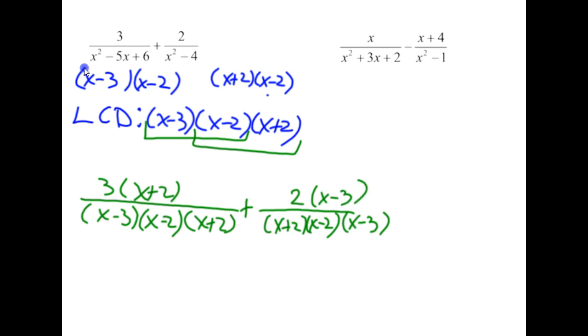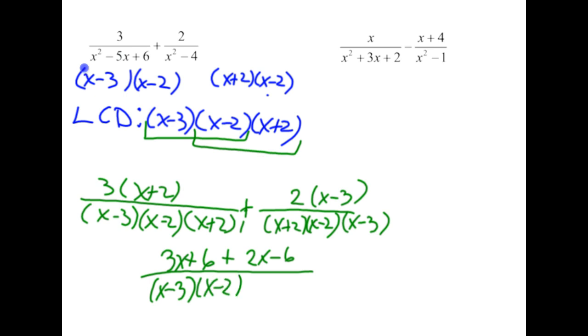Now that you see the denominators match, I can add the numerators. I would get 3x plus 6 plus 2x minus 6 all over that original denominator of x minus 3, x minus 2, x plus 2.